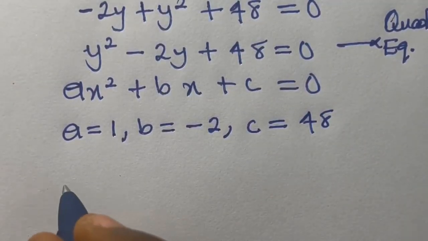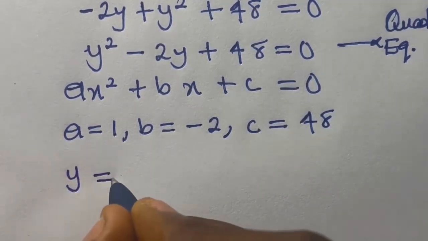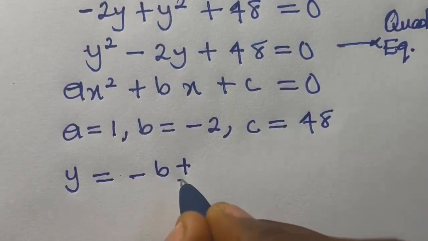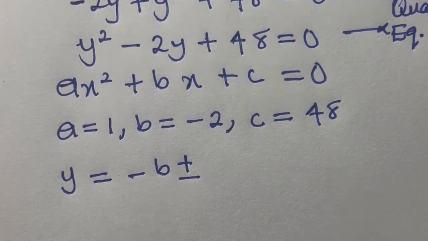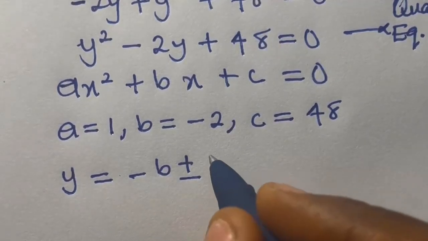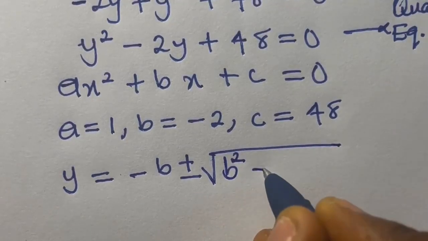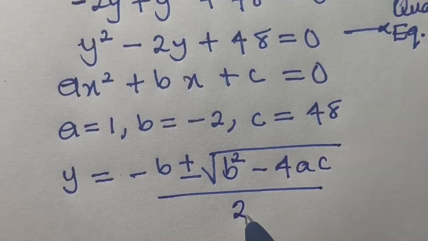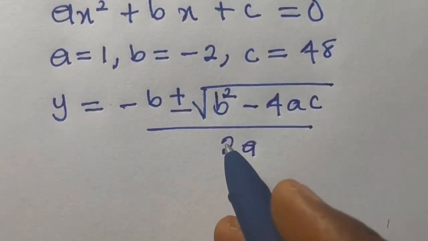Alright, so from the quadratic formula we have y equals minus b plus or minus square root of b square minus 4ac, divided by 2a. So we now substitute these values into this formula.